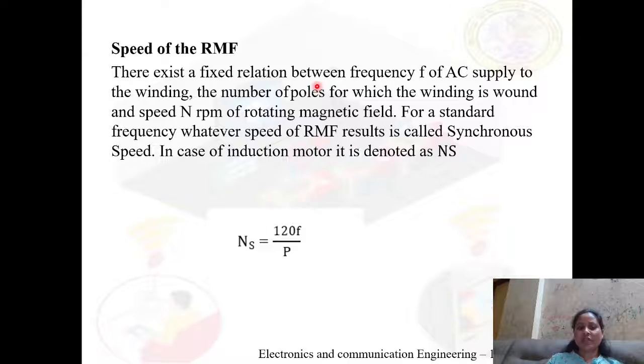As there exists a fixed relation between the frequency of the AC supply and field winding and the number of poles, we can express it as ns equals 120f divided by p, because the number of poles in stator and rotor will be the same. For the standard frequency, whatever the speed of the rotating magnetic field will result, we call it the synchronous speed.